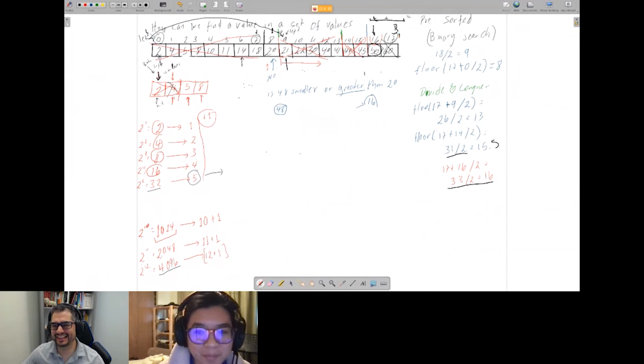so I said we're looking for 48. The last thing we checked was 16, right? Because that was the middle right here. And then this was left and this was right. But when we look at the 16, we realize, oh, 48 is not there. 48 should be back here, right?